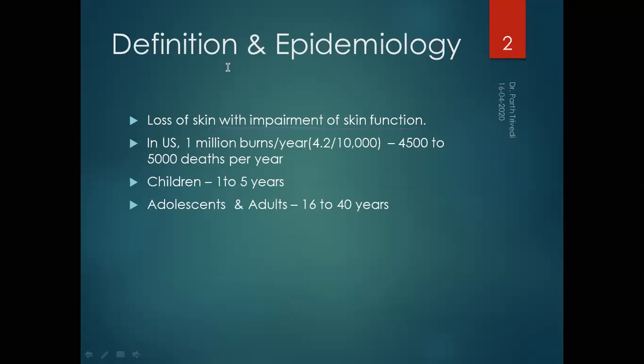Now before we move on to another thing, I would like to draw the layers of the skin. We all know that we have two layers in the skin. I would just give a brief and short classification.